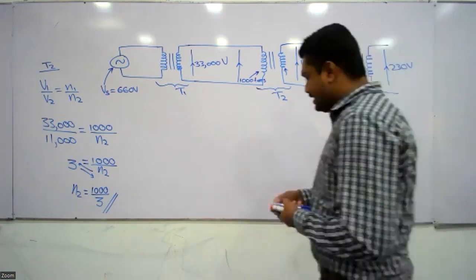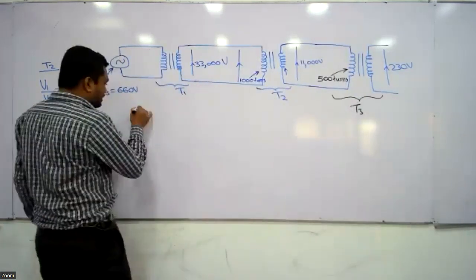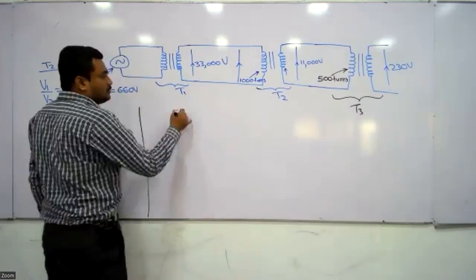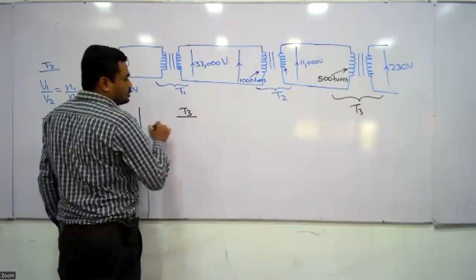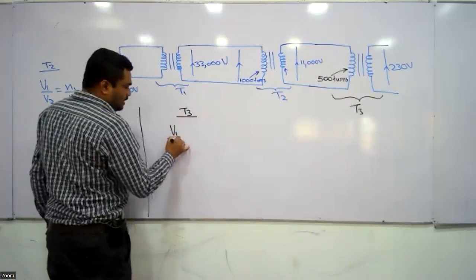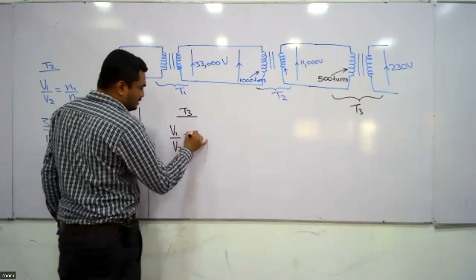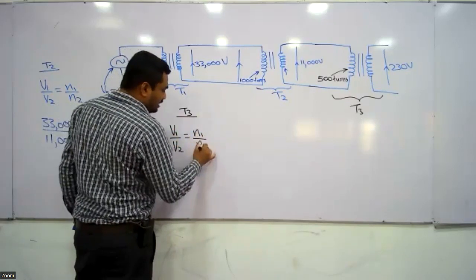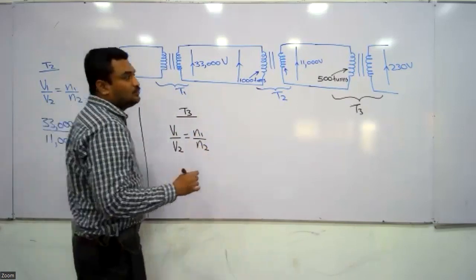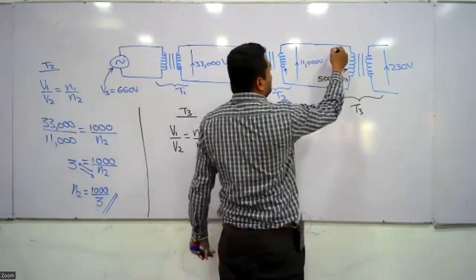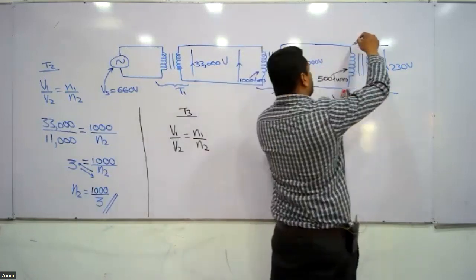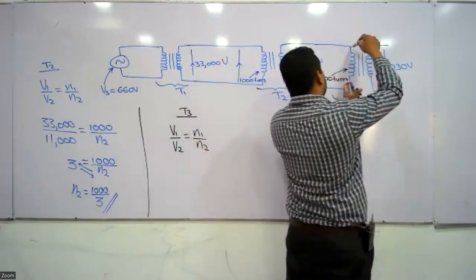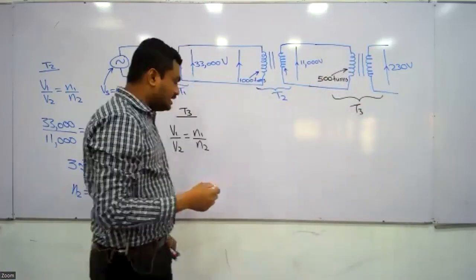So let's apply the same equation to the other transformer. For the T3 transformer also, V1 over V2 equals N1 over N2. For the third transformer, the input voltage should be 11,000. You see that 11,000 is directly given to the third transformer.